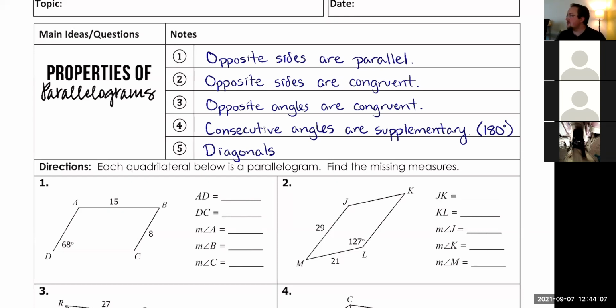And then number 5, diagonals, which are segments created by joining opposite angles. So diagonals bisect each other, which means cut in half.